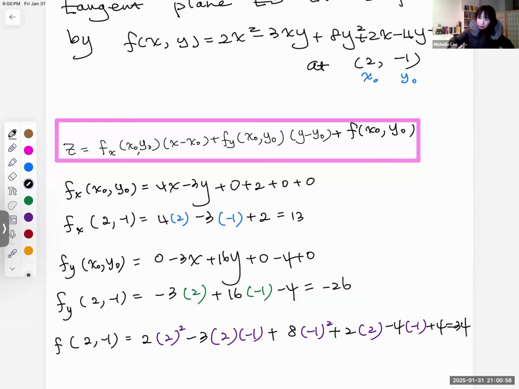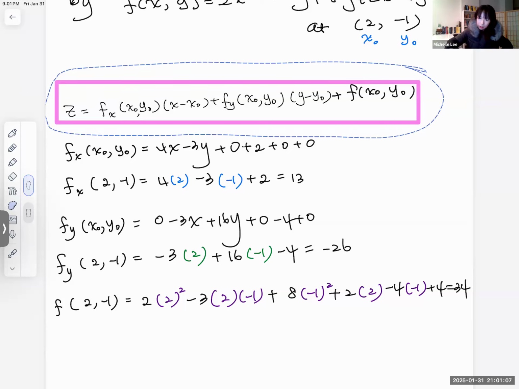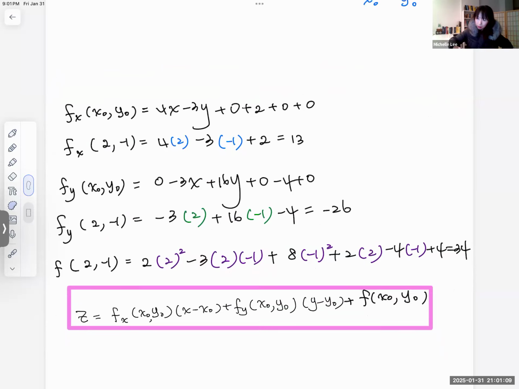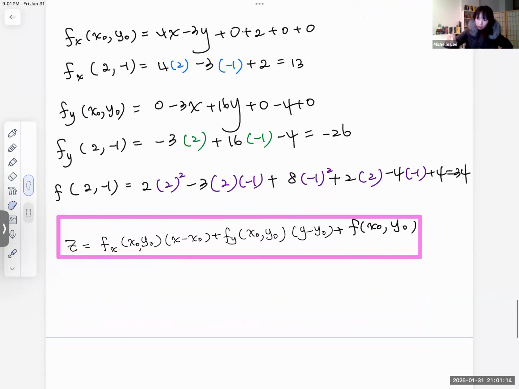So all together, one more time. Let me just bring it here. That will be z equal to, we have the partial derivative with respect to x when x naught equals 2, y naught equals negative 1, which is 13, right?